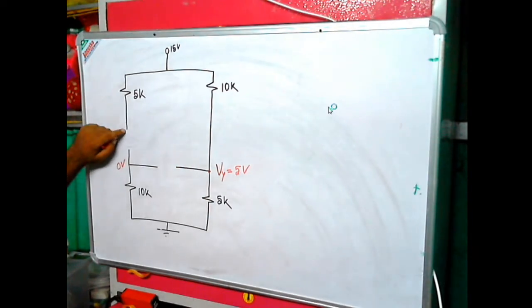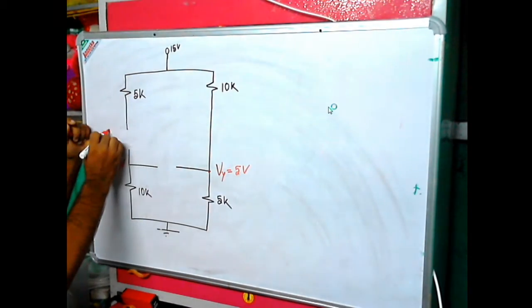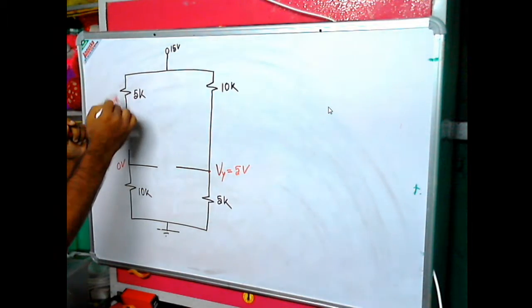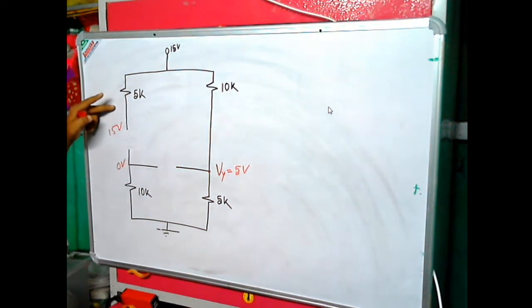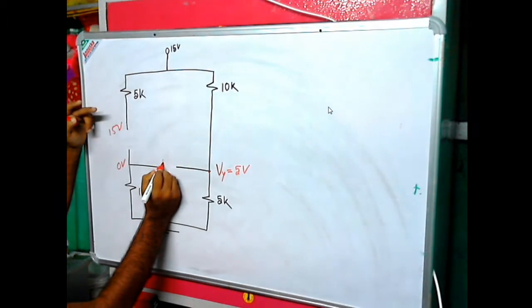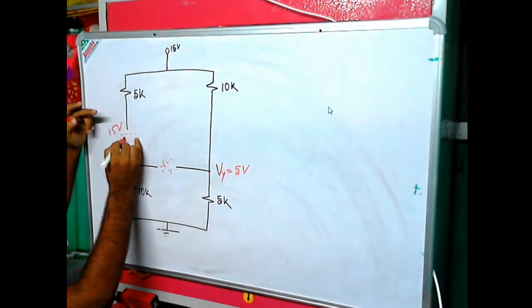And the potential over here is directly 15 volt, because no current is flowing through the 5k resistor. Now you can see one diode is over here, and another diode is over here.